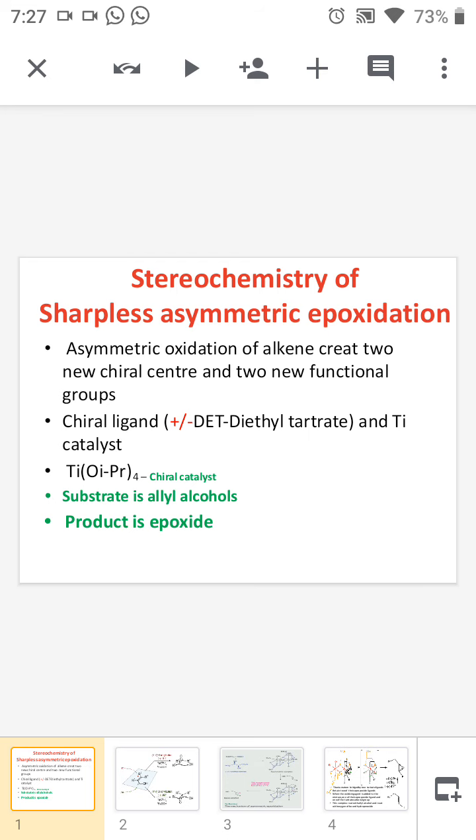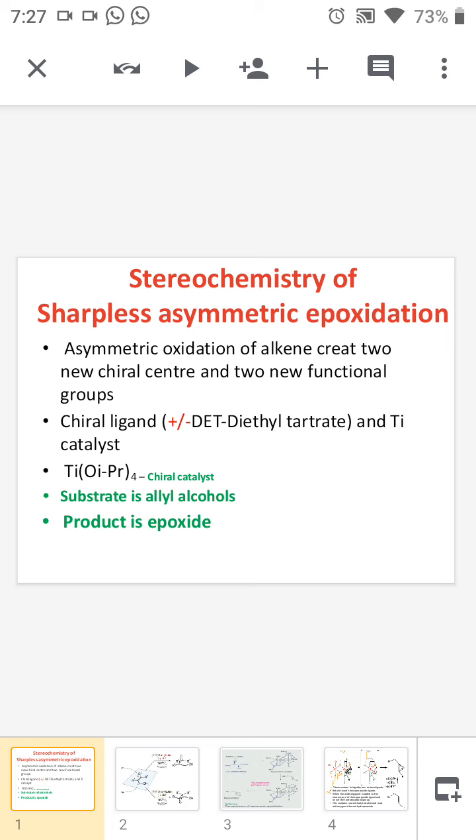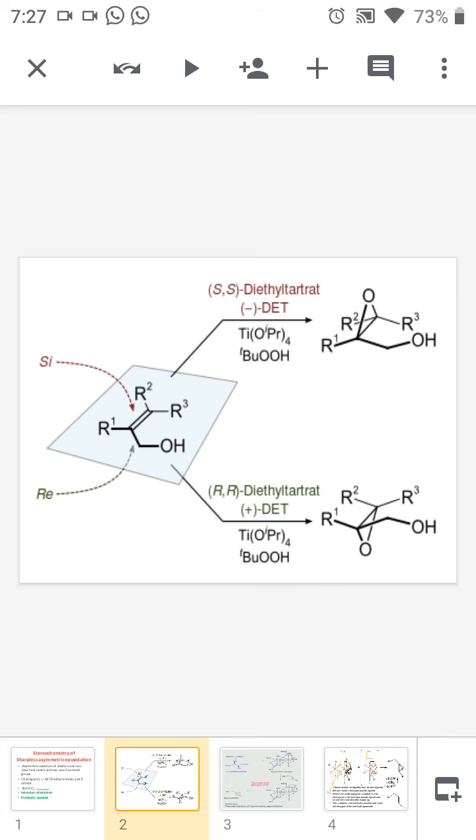Okay, now we are moving into the experiment, the chemical reaction. See, this is the allyl alcohol, our starting material, and you know that the allyl alcohol means an sp2 hybridized carbon atom is separated by an sp3 hybridized carbon atom bearing the hydroxyl group.